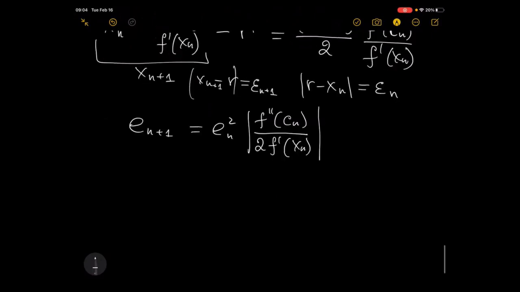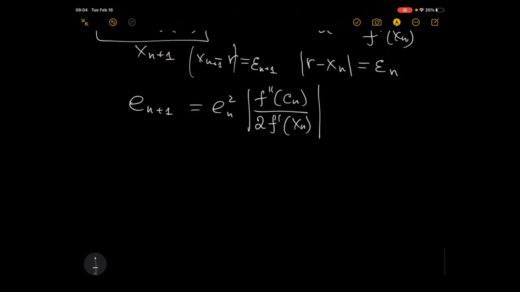But we have proven that xn, when n goes to infinity, will converge to r, right? So it means that the interval between xn and r will be getting smaller and smaller.